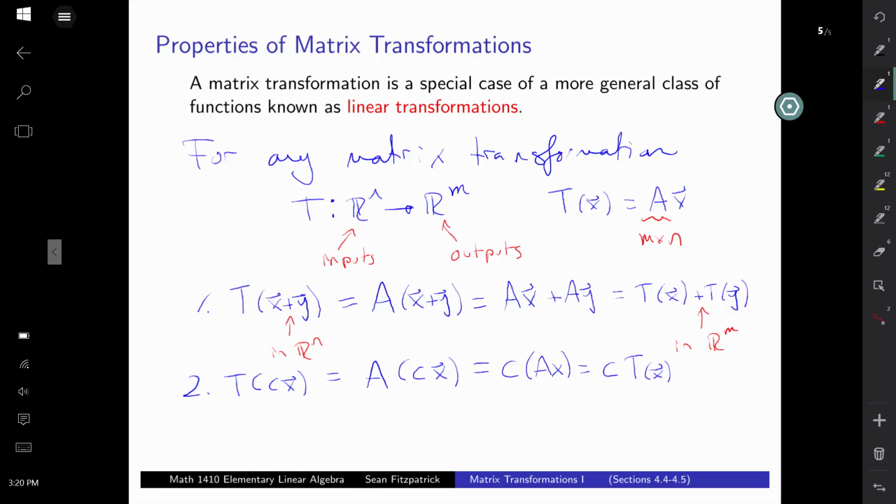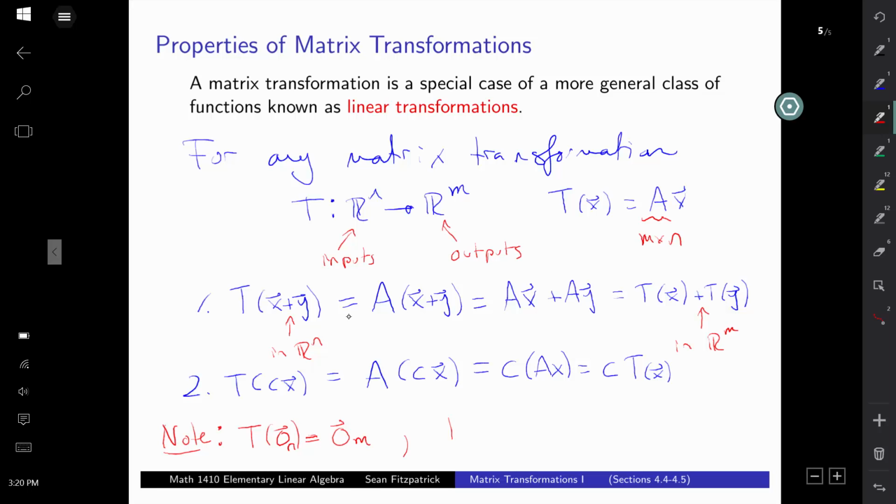And so, some consequences of this are, well, one thing you might note right away, if you set c equal to 0 in the second property, one of the necessary conditions for any linear transformation is that it has to take the 0 vector in Rn to the 0 vector in Rm.